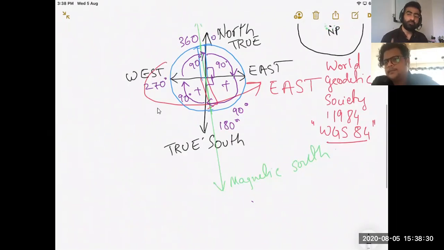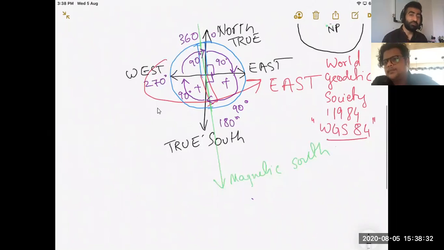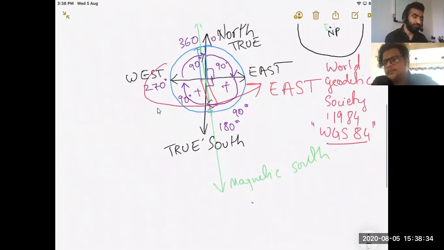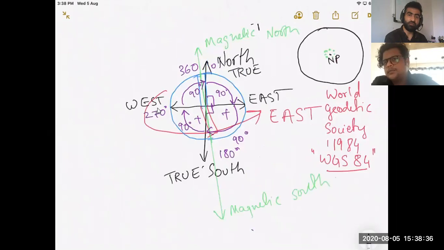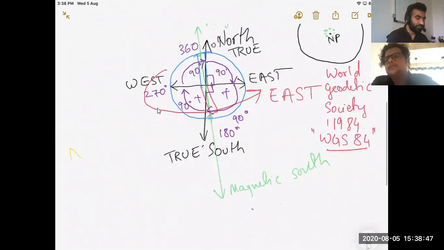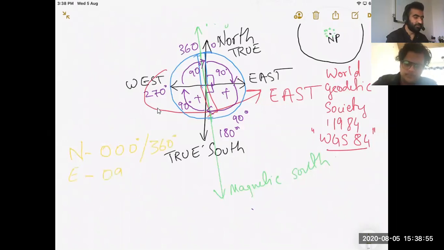One thing to note about directions is that the direction should always be mentioned in 3 digits. So even if you have to write 45 degrees, you have to write 045 degrees. The value for north is 000 or 360 degrees. The value for east is 090 degrees.